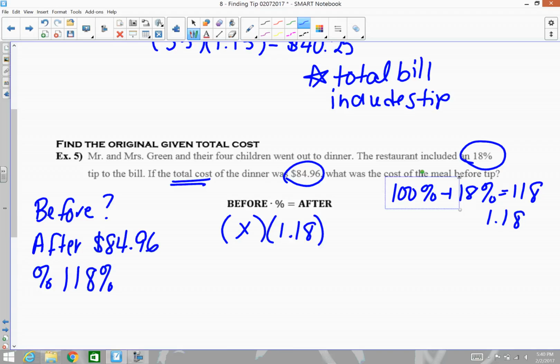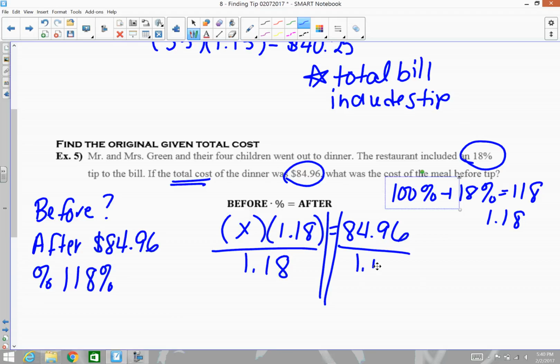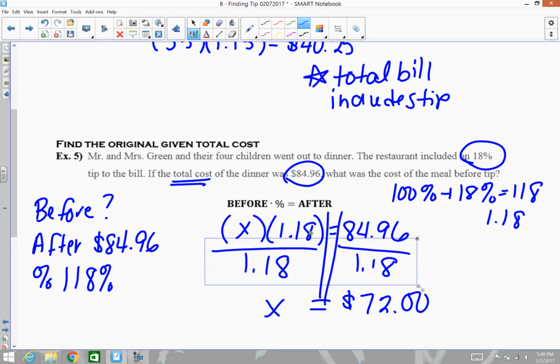The after amount is $84.96. Draw your river, and we want to solve for X. The opposite of multiplying by 1.18 is to divide, and we get X equals $72. That was the original cost, or the cost before tip.